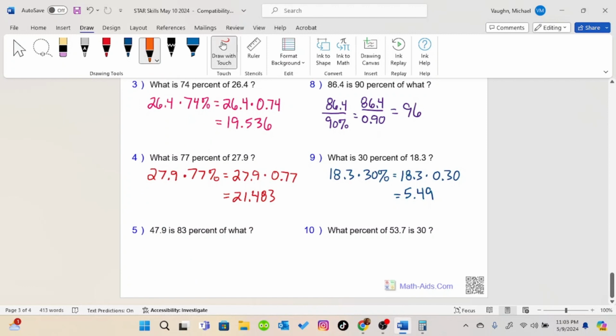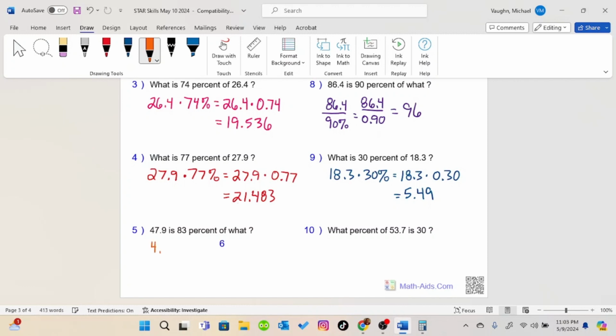Number 5. 47.9 is 83% of what? So you can look right above and notice we took the whole number times the percentage to get the answer that represented the percent. Well, now if we just divided by the percentage, we would get the whole, and that's what we're looking for here.